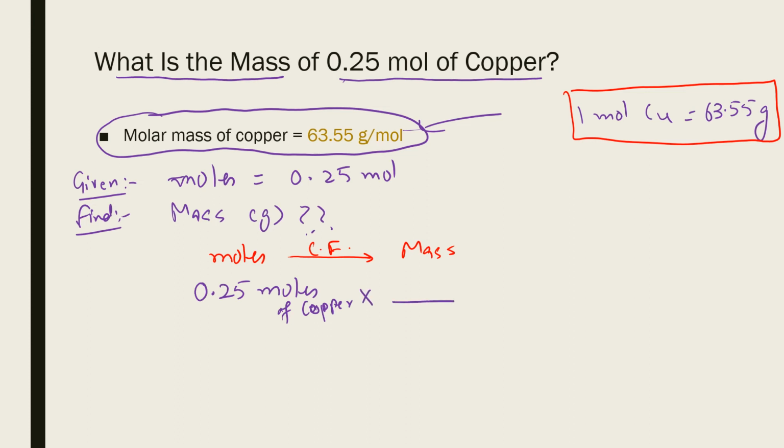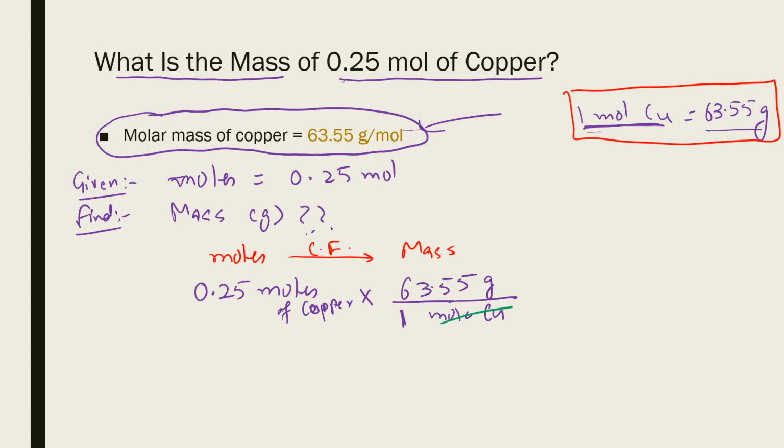multiplied by the conversion factor. So we're going to need the conversion factor where moles of copper should be down here. So it means the left hand side should be down here. So 1 mole of copper and the top side will be 63.55 grams.